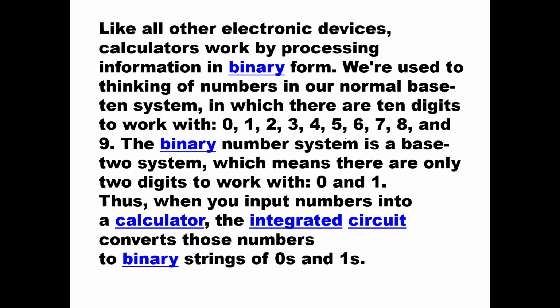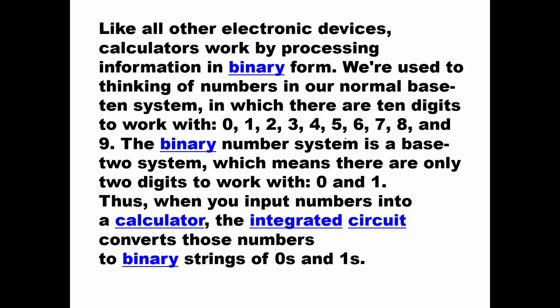So whatever numbers we have in decimal form, say from 0 to 9, 0, 1, 2, 3, 4, 5, 6, 7, 8, 9, these numbers will first be converted into binary. So it is in a BCD format, zeros and ones.